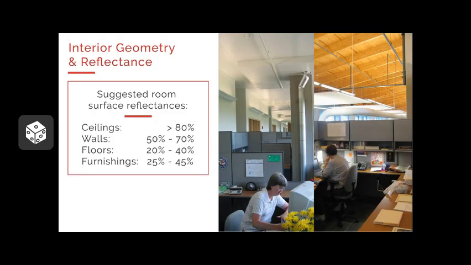Once again, here are some starting points for reflectances within your area. One of the toughest things is when you've got really dark walls and dark furnishings. Try and lighten things up if at all possible.